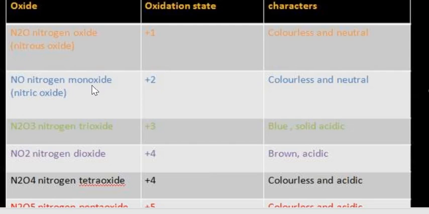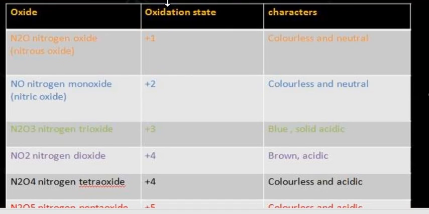And the second oxide of nitrogen is nitric oxide. This nitric oxide has oxidation state +2, and it is also colorless and neutral.